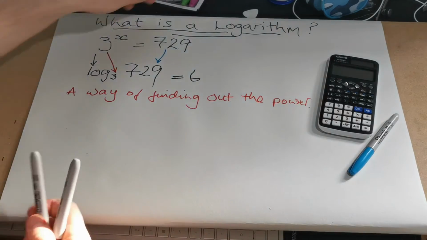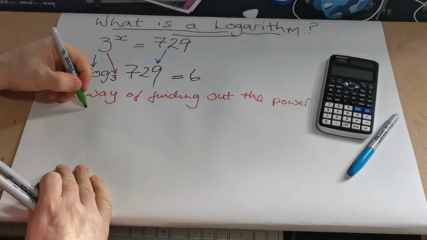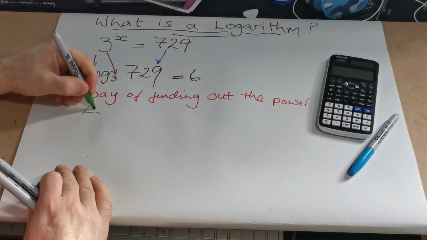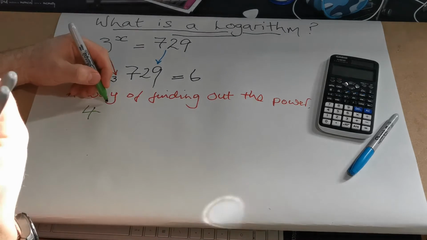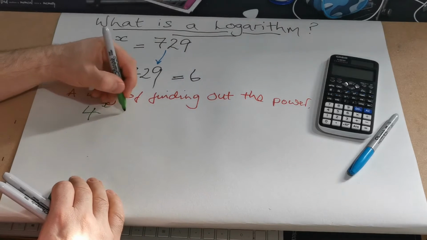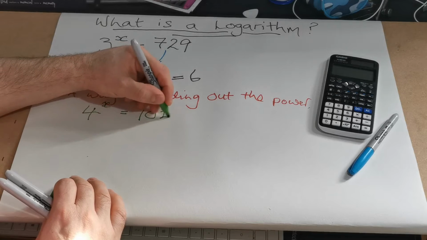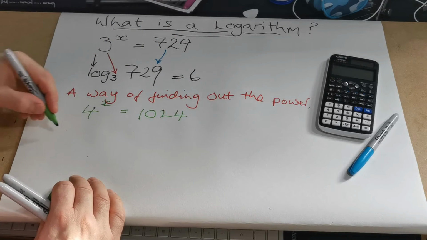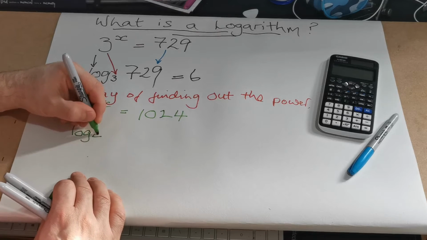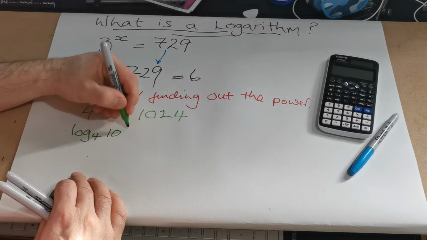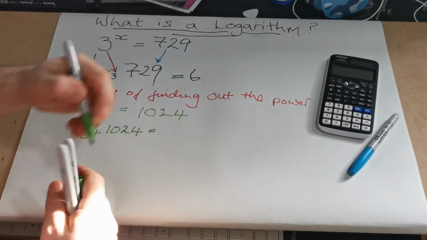So if I said 4 to the power of something is equal to 1024, you would put in log to the base 4 of 1024, press equals.